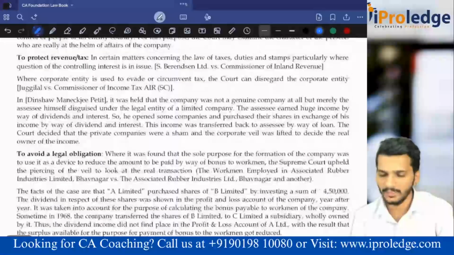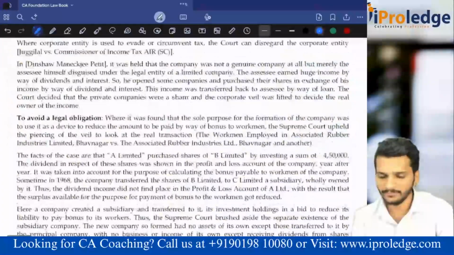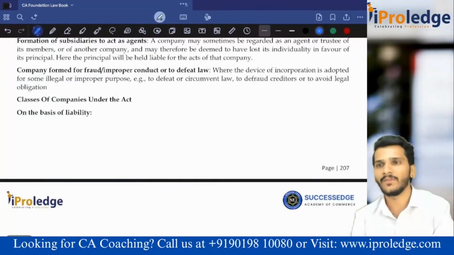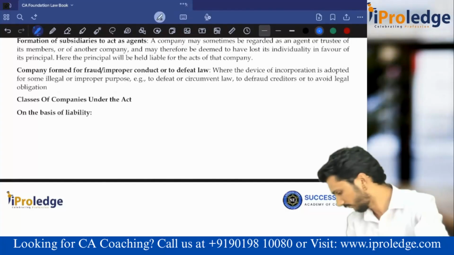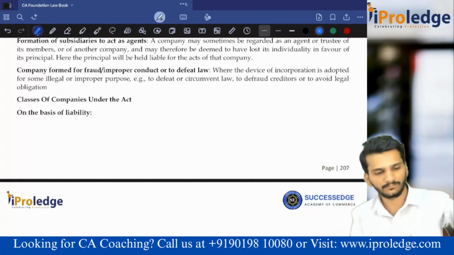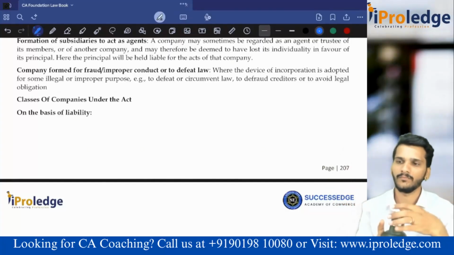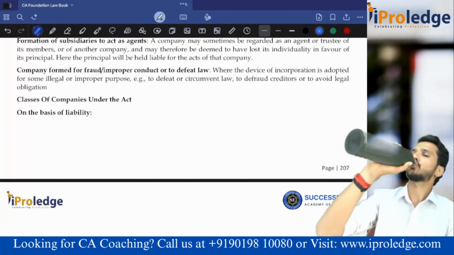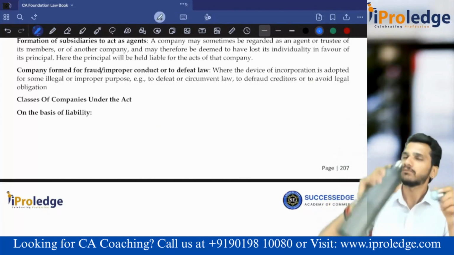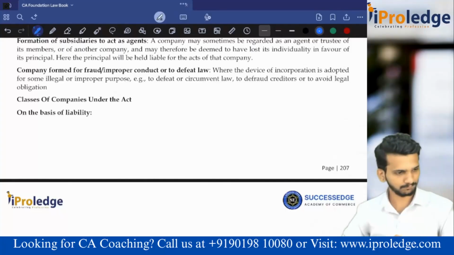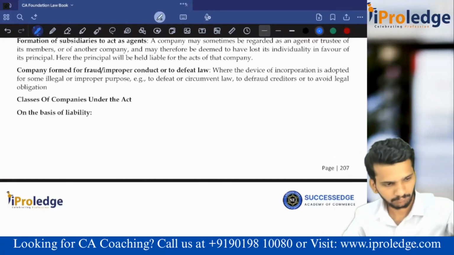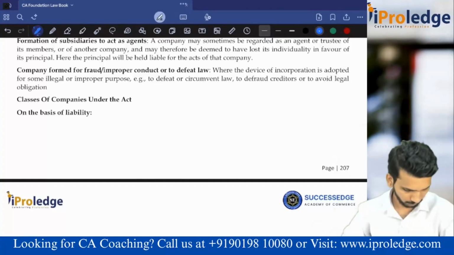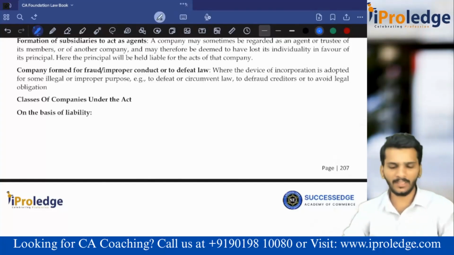Then comes types of companies. Types of company, classes of company, 207 page number. What are the types of company?